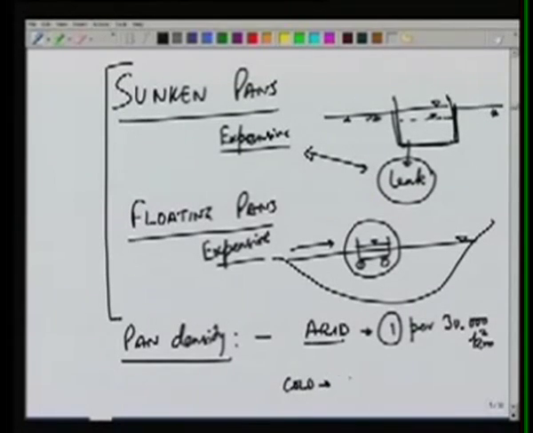But if we have cold areas where we don't expect very high evaporation, then we can have a smaller density, and up to 100,000 square kilometers we can put one pan. And in between, like humid areas, which will be somewhere in the intermediate range, we can have one pan in 50,000 square kilometers.